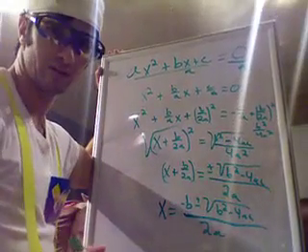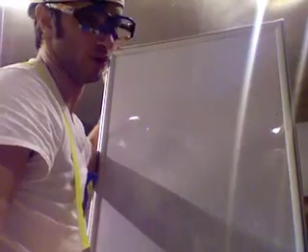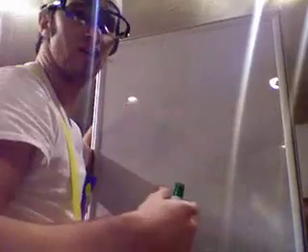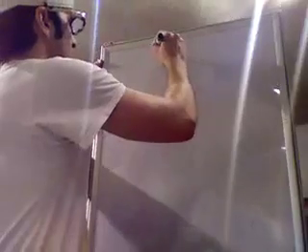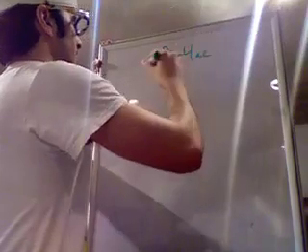Now, let's dive a little more in depth about what this would be graphically. We can make a pretty good generalization just by the discriminant, the b squared minus 4ac part.